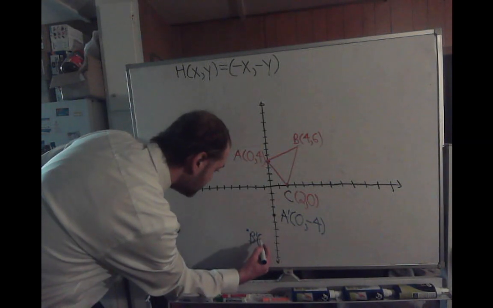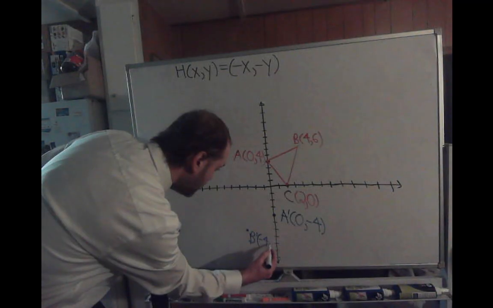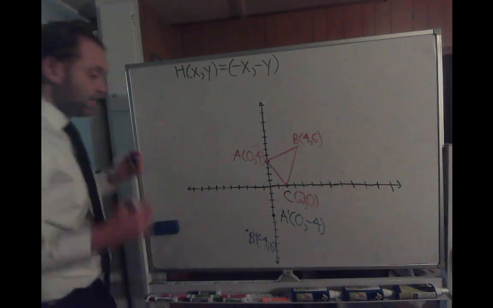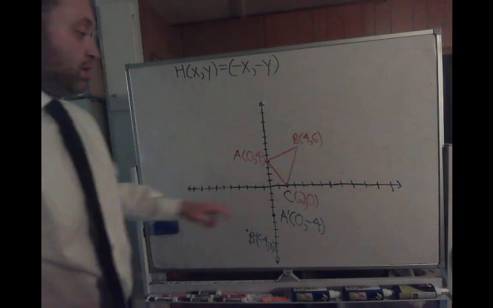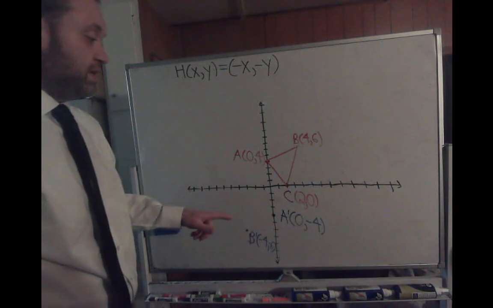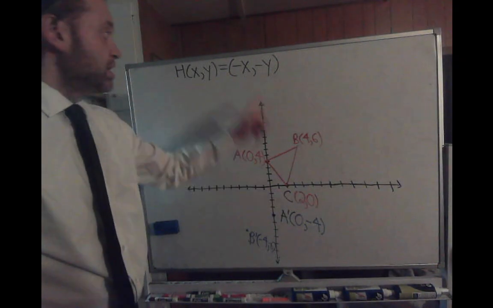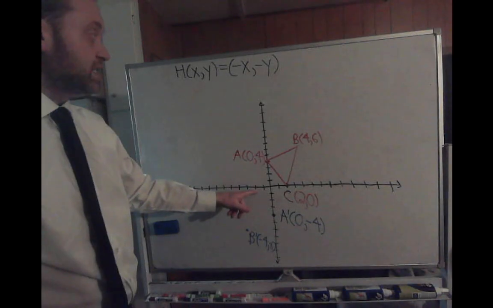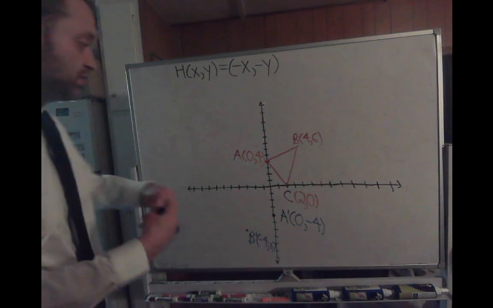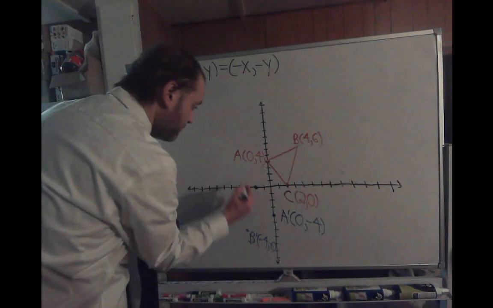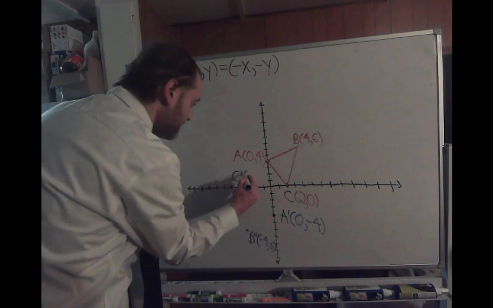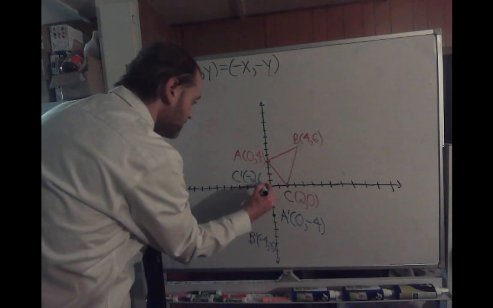Then, of course, I need to find my C prime. Put in the x value of 2, I would get negative 2 for my x. Put in the y value of 0, I'd still have 0. So I'd be at the point negative 2, 0 for my C prime.